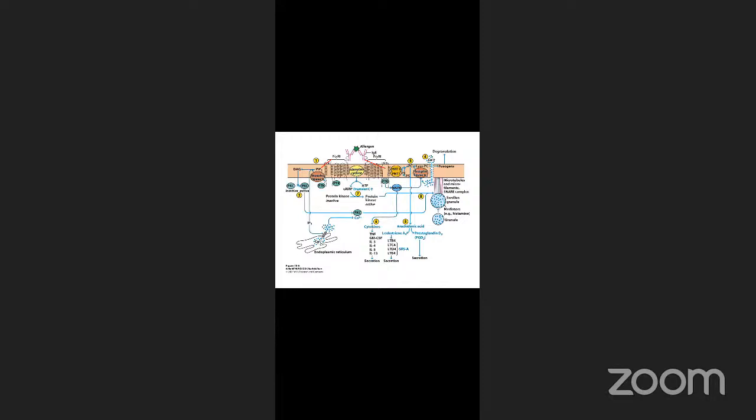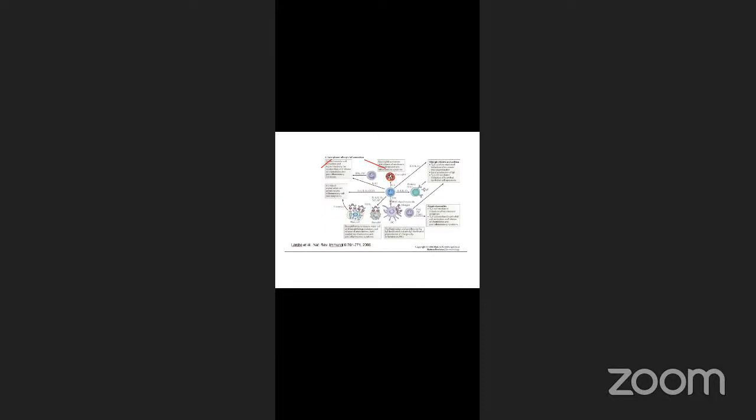After the degranulation, two types of effector mediators, the pharmacologically active mediators, are released from the mast cell or basophil. For example, in this slide the upper ones are the primary effectors, and these are the secondary effectors.